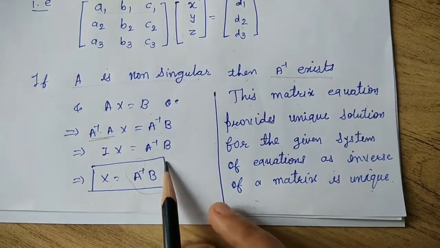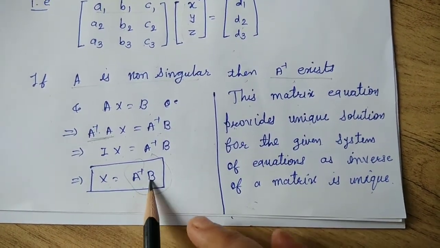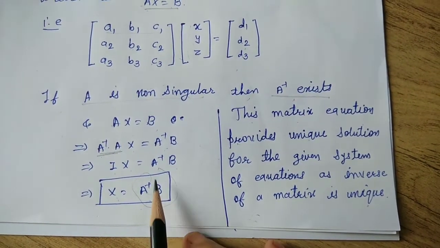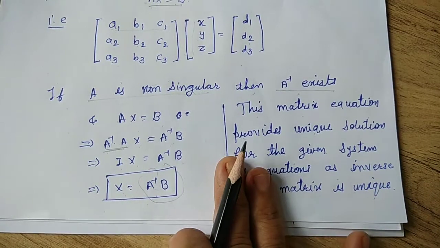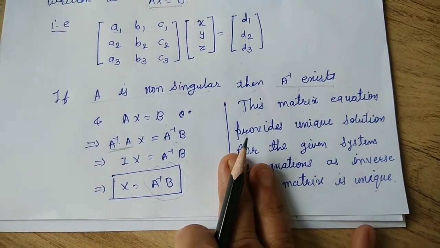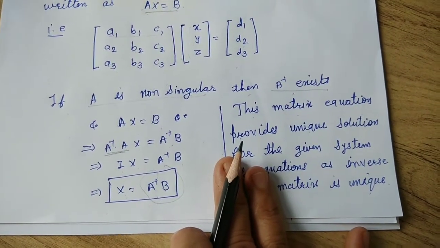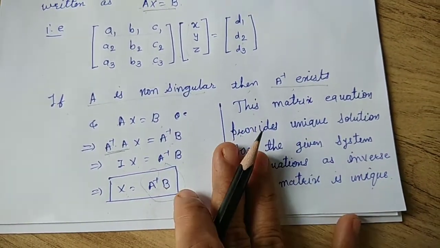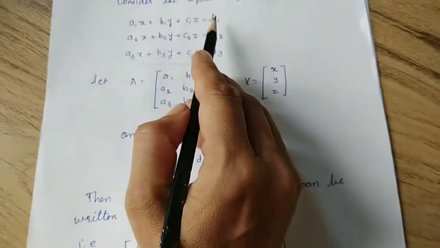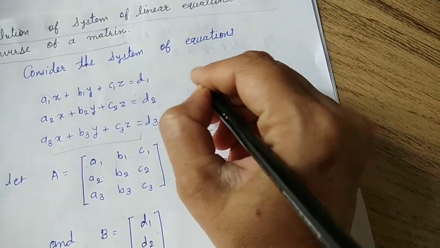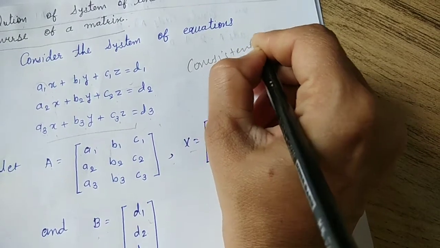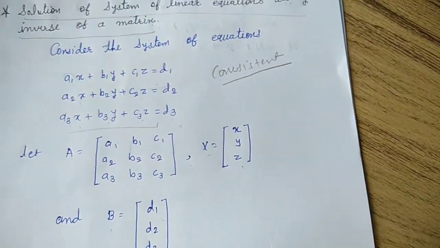So this is your method to solve the system of linear equations. And when the unique solution exists, the system of linear equations is known as consistent. You have already learned consistent and inconsistent systems earlier.